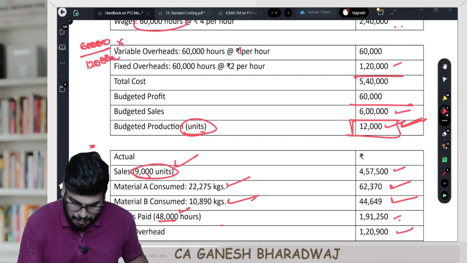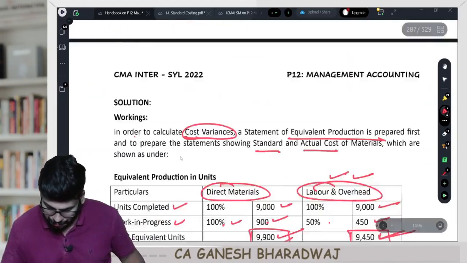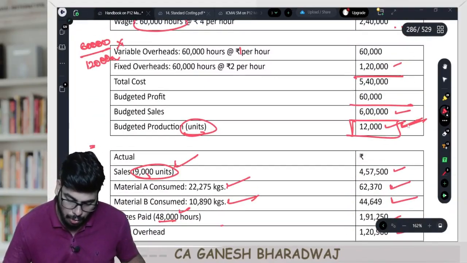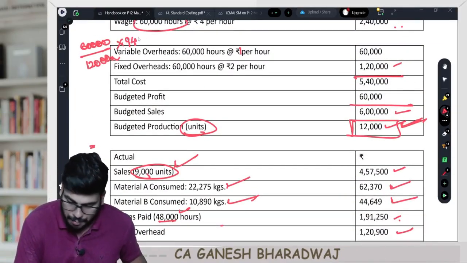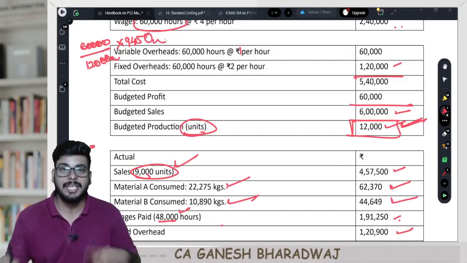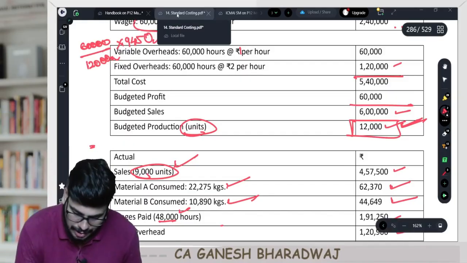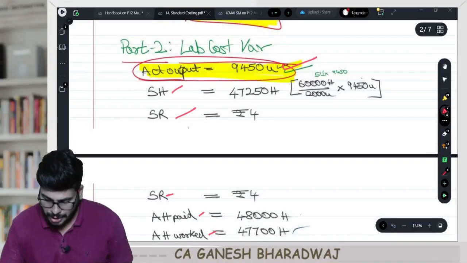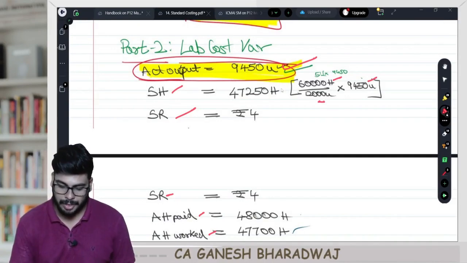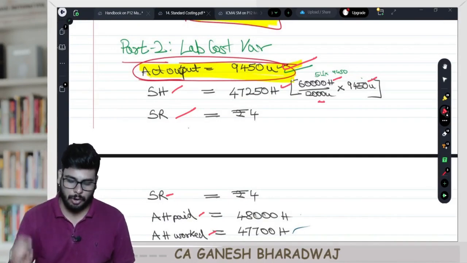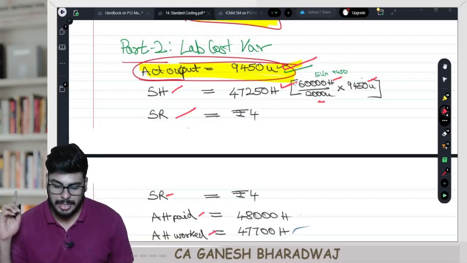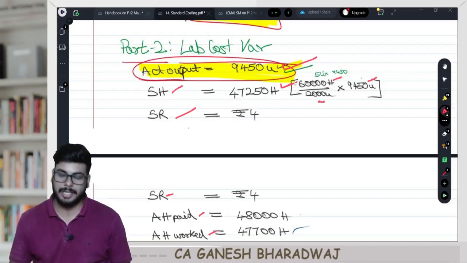But for me to get an actual output of 9,450, how many hours I should have taken? This is called standard hours. The calculation is 60,000 hours upon 12,000 units into 9,450. So for an actual output of 9,450 units, you should have taken 47,250 hours. Clear with this, guys?